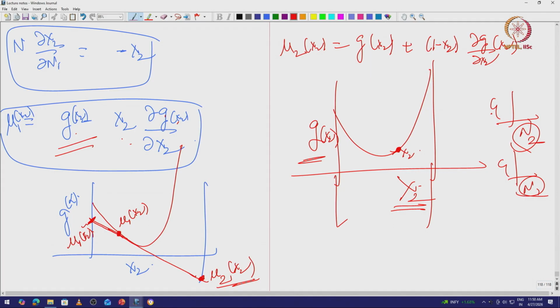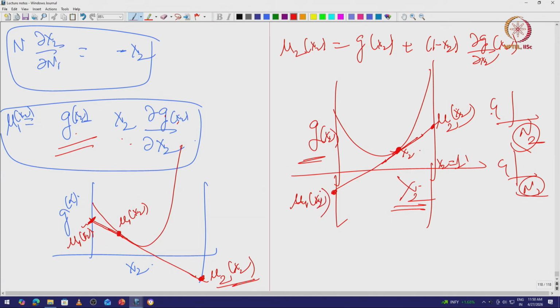Now in that case I can just construct a tangent to this, and wherever this tangent hits the pole at x2 equal to 1, that is my mu2 of x2. Wherever the tangent hits this pole, that is my mu1 at x2.